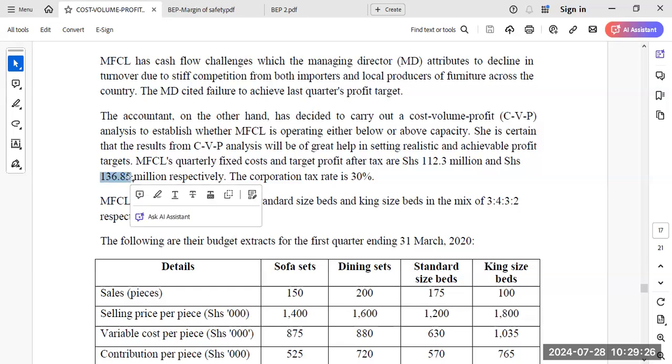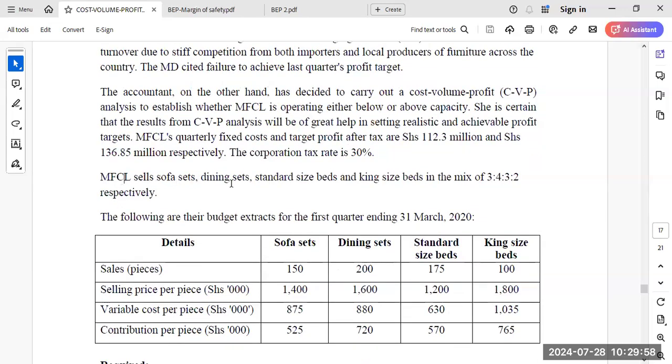Every time you're given profit after tax, that one must be adjusted. In CVP analysis, we normally rely on the profit before tax. If you're given profit after tax, you adjust to get profit before tax. Okay? And you're given the tax rate.